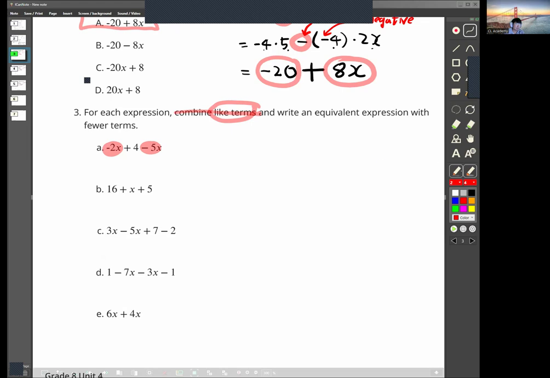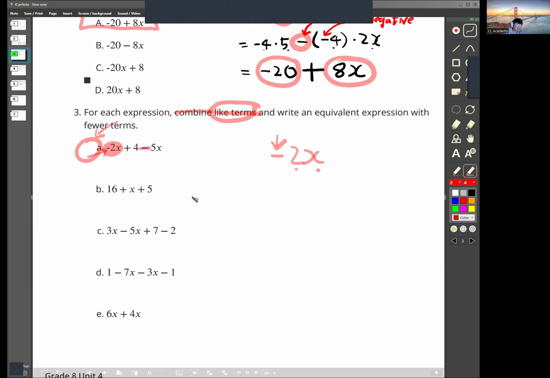Right now, I see a minus there. Again, this is a negative. This is not an operation because there's no number here. There's no number, and then we have right away 2x. So this must be a sign, meaning this is a negative 2x, not minus 2x.